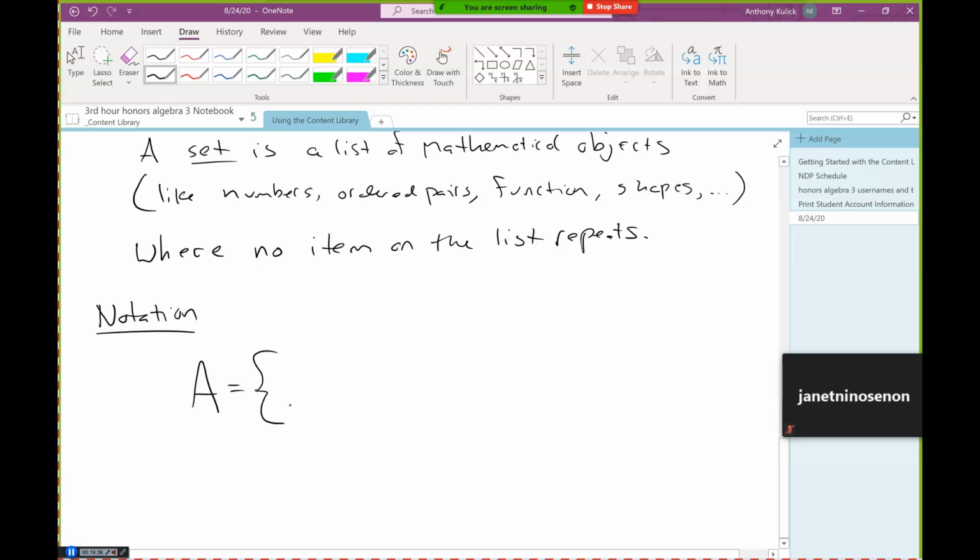Let's say the set we're trying to describe is just the counting numbers from 1 to 10. Well, that's a short list of things, right? You could just enumerate that whole list, and that's not difficult or time-consuming.